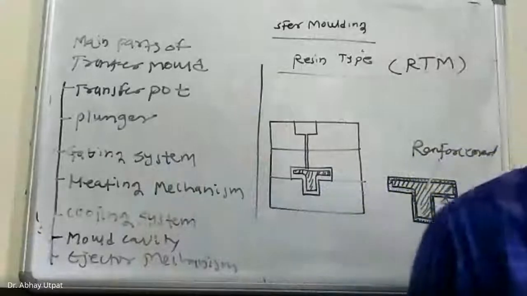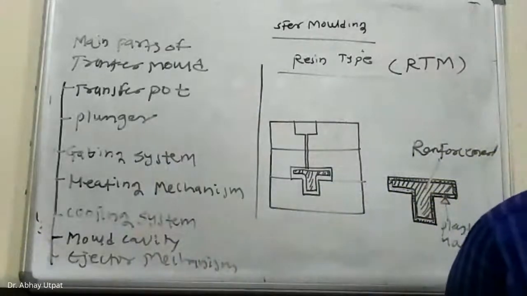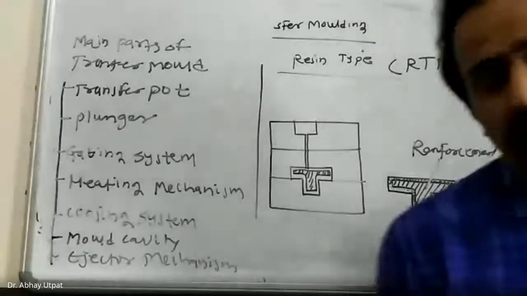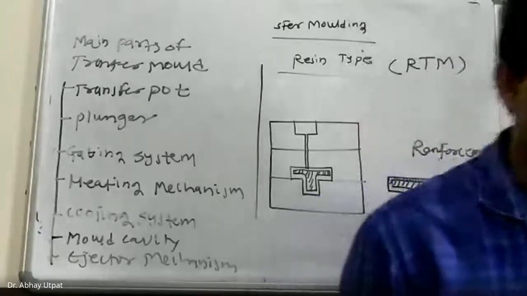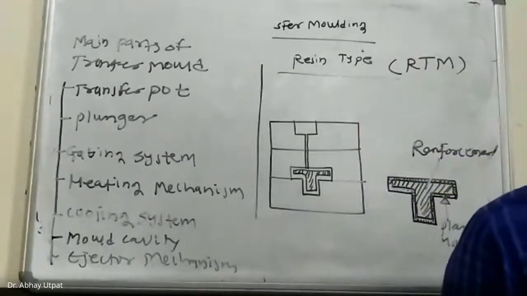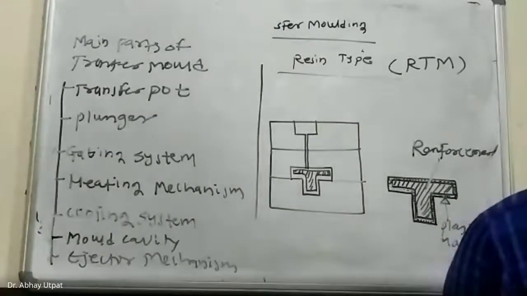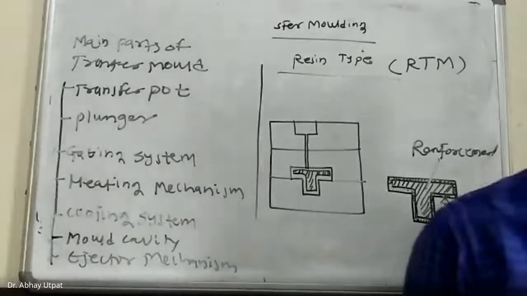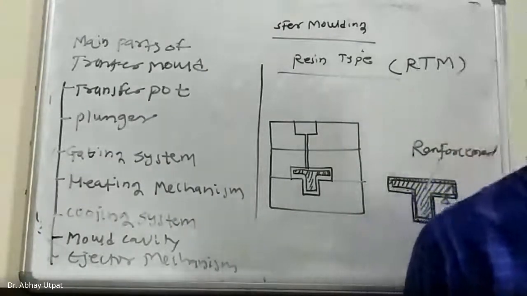Now, what kind of automations are possible in transfer molding? Why are automations required?